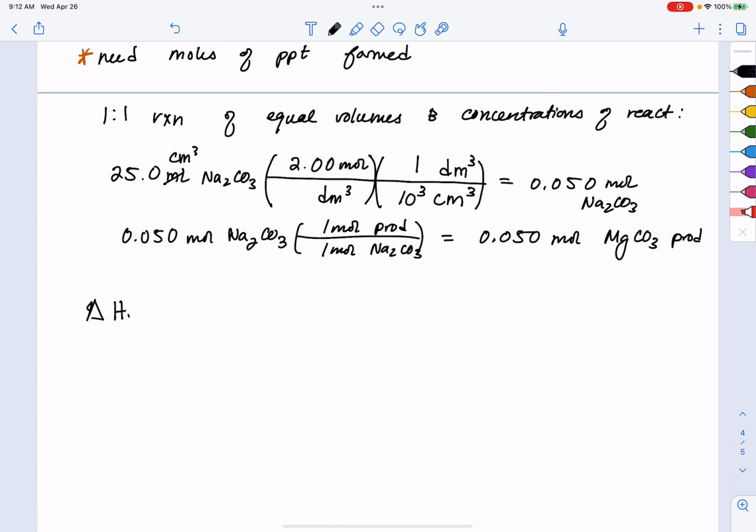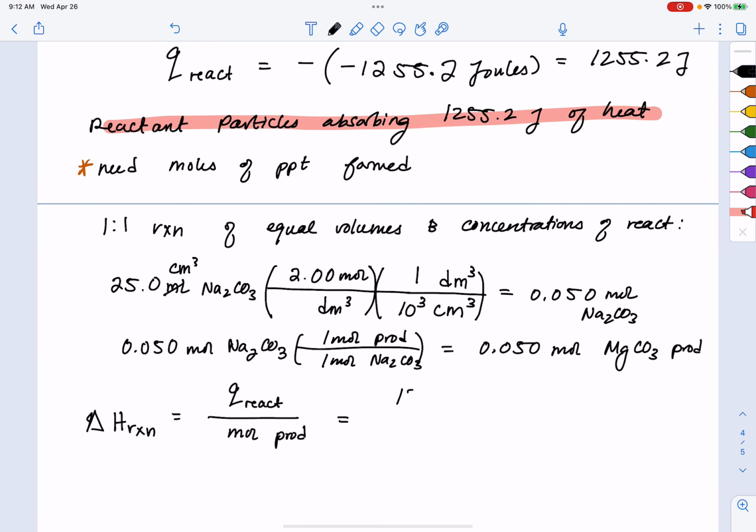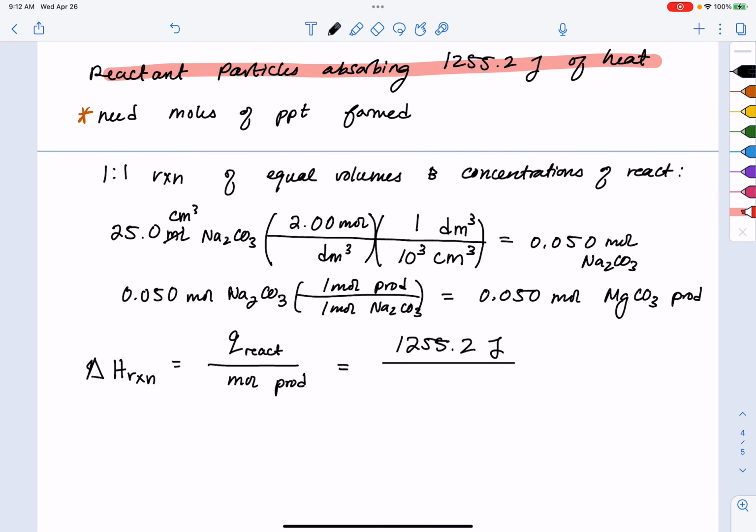Then let's find the heat of reaction. This is going to be the heat of my chemical system, which was my reactants, over moles of product. So that is the 1255.2 joules of heat that was absorbed by my reactants per 0.050 moles of product that was formed.